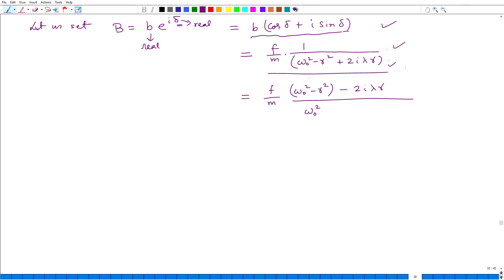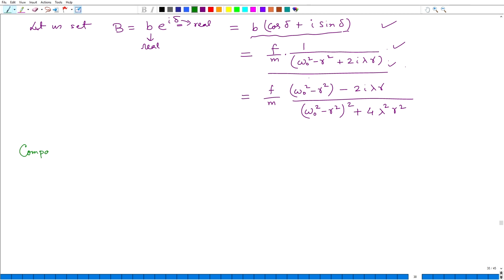This will be (ω0² − γ²)² and then a plus b, a minus b, but there is an i, so it should be plus 4λ²γ². And if you write it like this, then you have a form which is a plus b, a minus b.